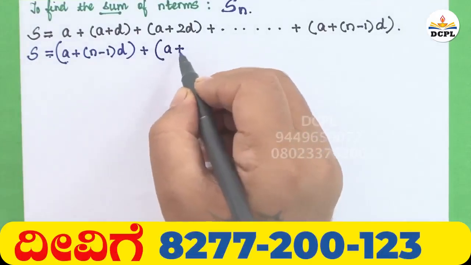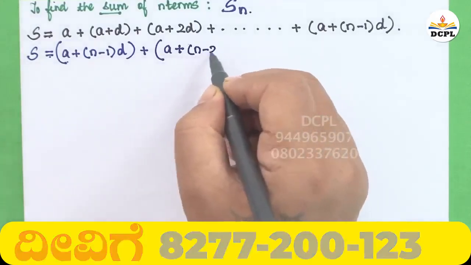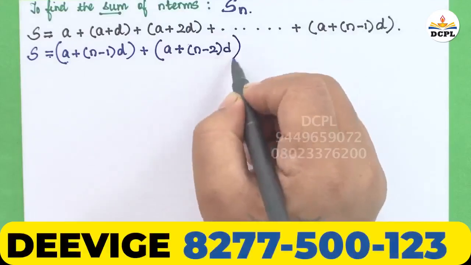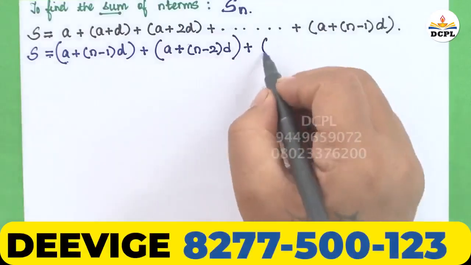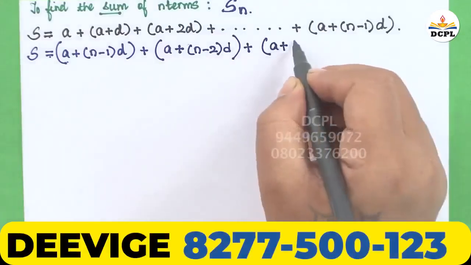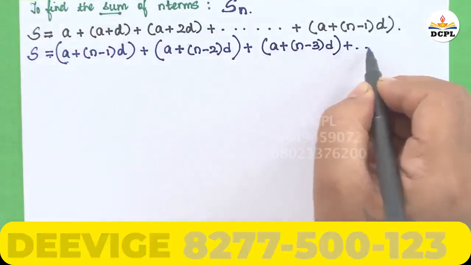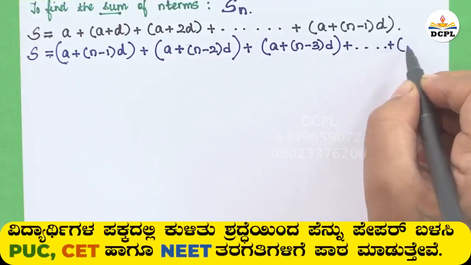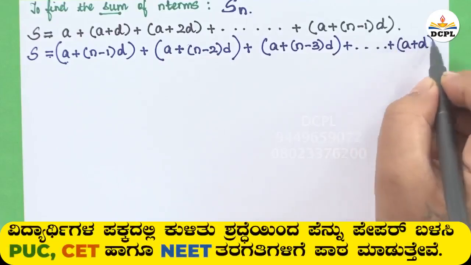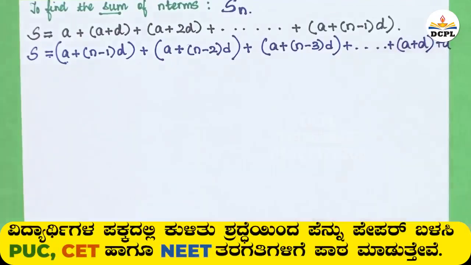So this is a plus n minus 2 into d, plus a plus n minus 3 into d, and so on, and it reduces to a plus d plus a.